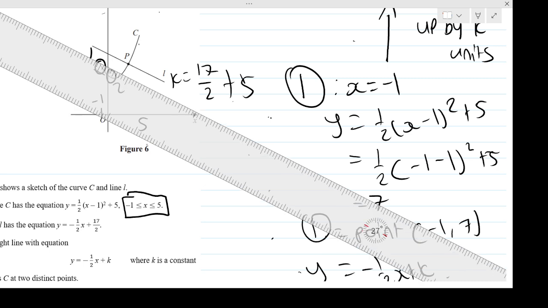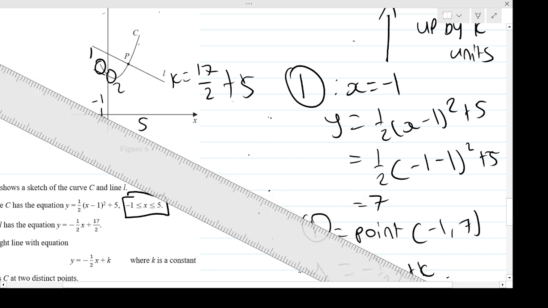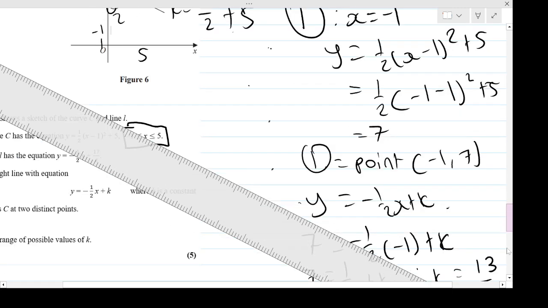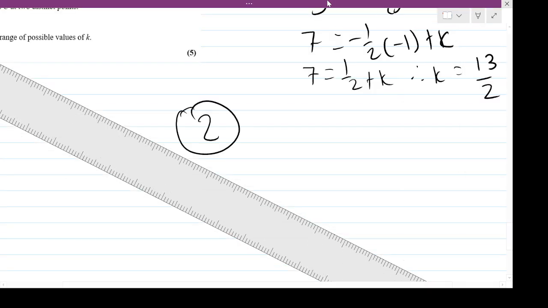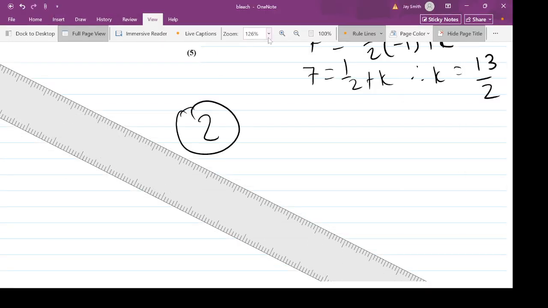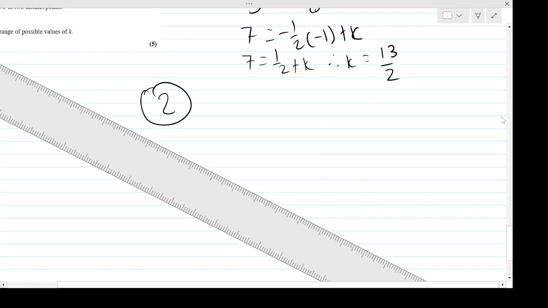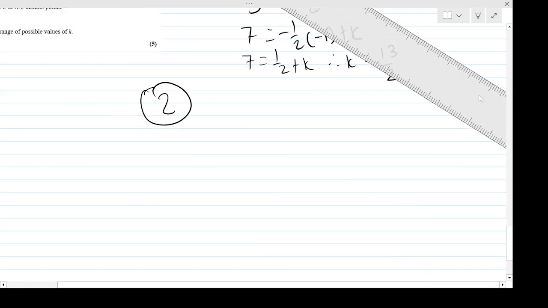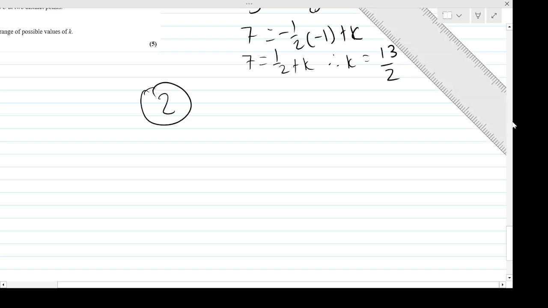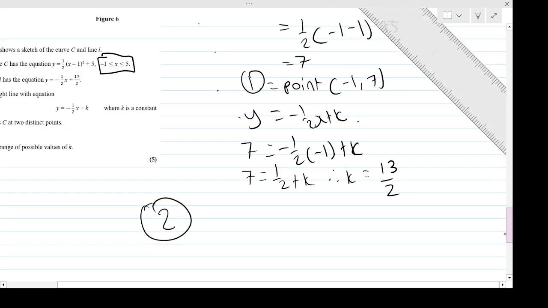So let's do that then. Let's zoom out a little bit. There we are. Okay, I'll leave that there. So the discriminant, but what's the quadratic?